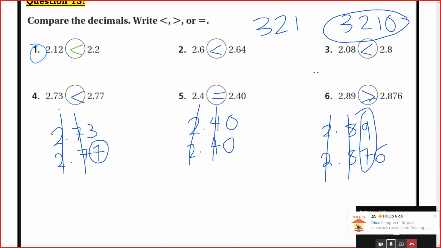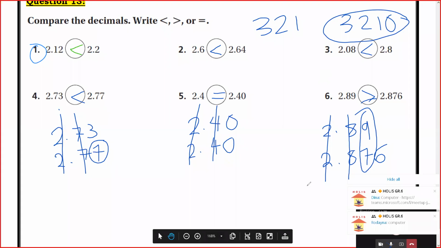But in the decimal, no. This cannot happen in the decimal. In the decimal, you must compare the digits one by one. Even though the number of the digits is less, it could be the greater number. Look here. Here we have only 3 digits, and here we have 4 digits.